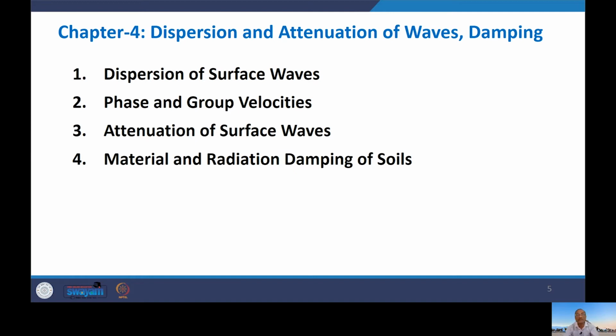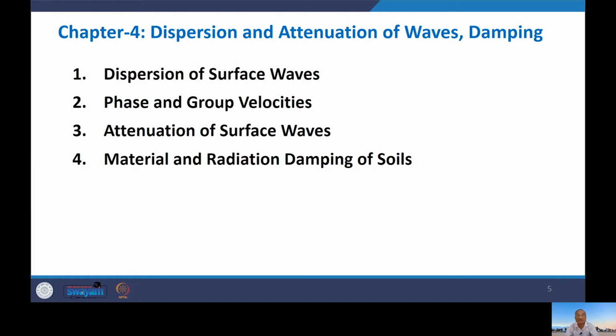What is dispersion? First of all, this is a phenomenon which is applicable for surface waves only. In the last lecture, we discussed that an earthquake is nothing but release of energy through elastic waves. There are 2 types of elastic waves: body waves and surface waves.